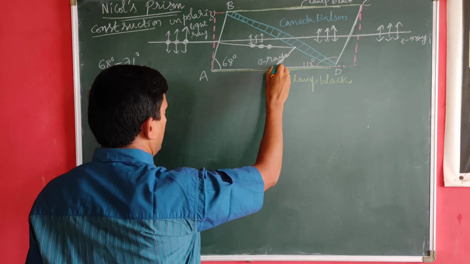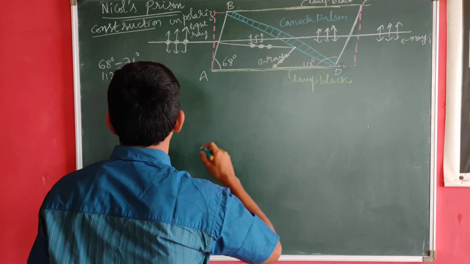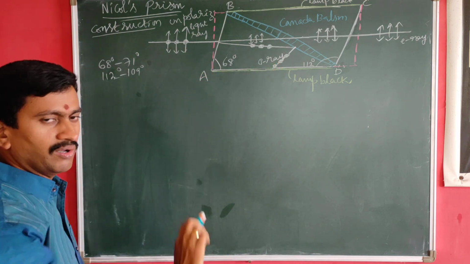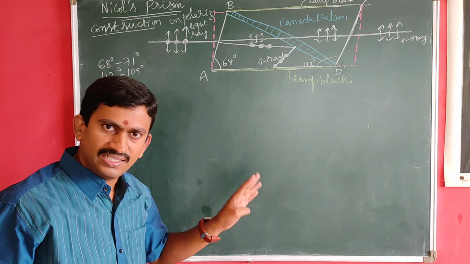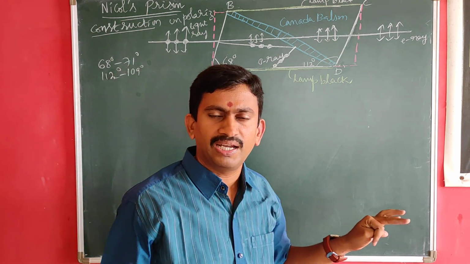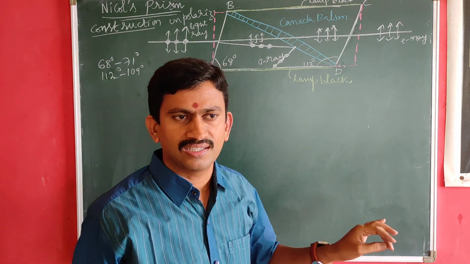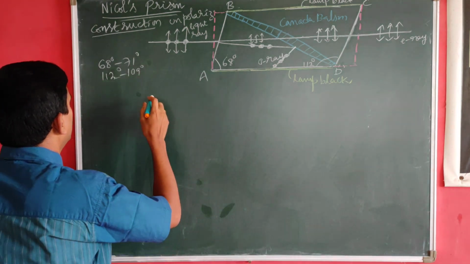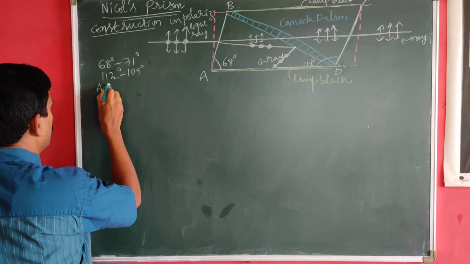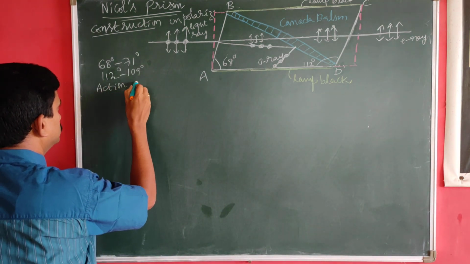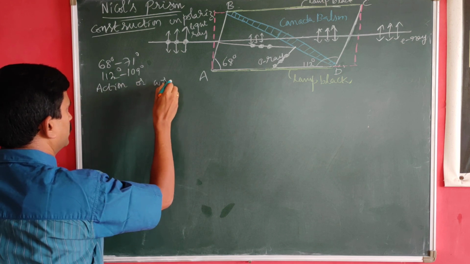Now coming to the working of the nickel prism. So far we have completed what a nickel prism is, the principle behind it, and how it is constructed. Now we will go for the working of the nickel prism.